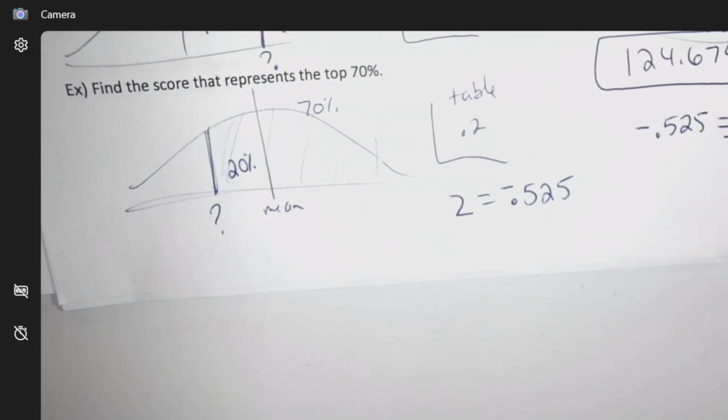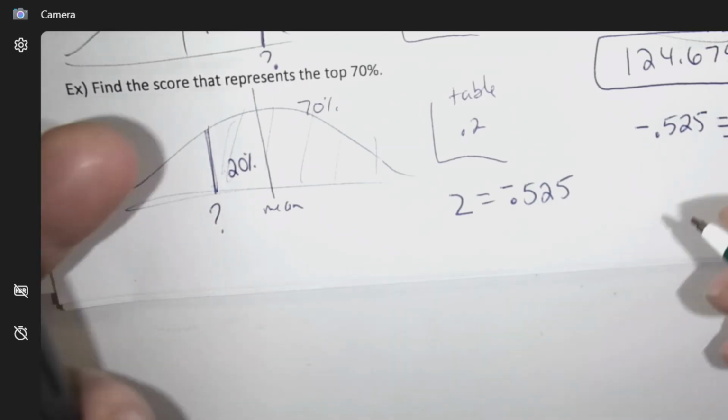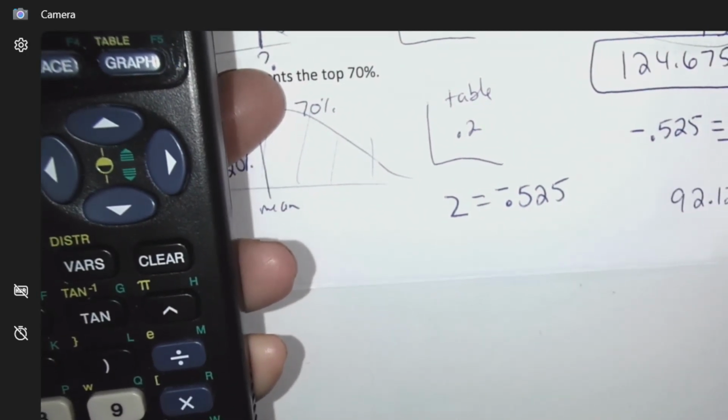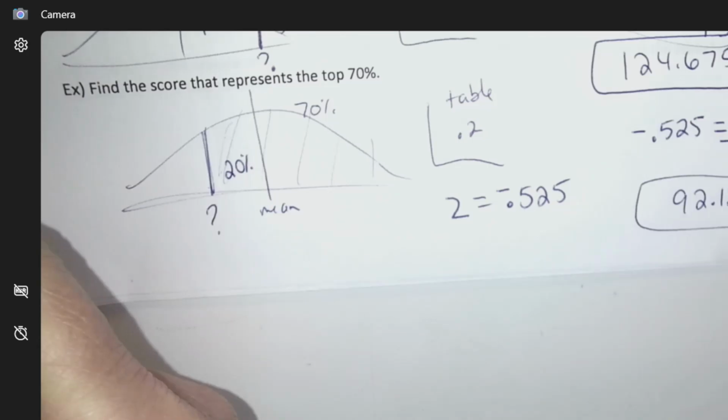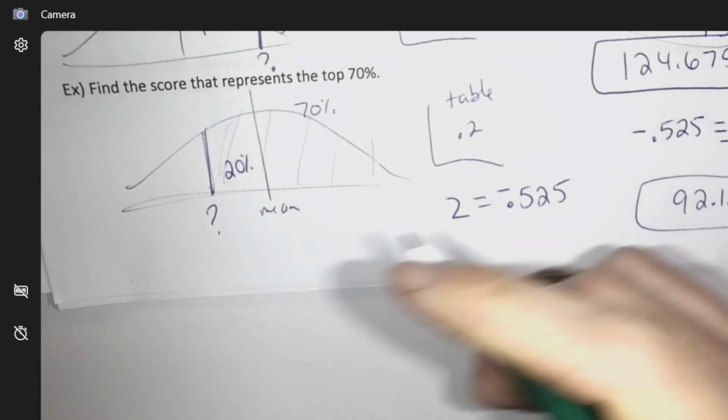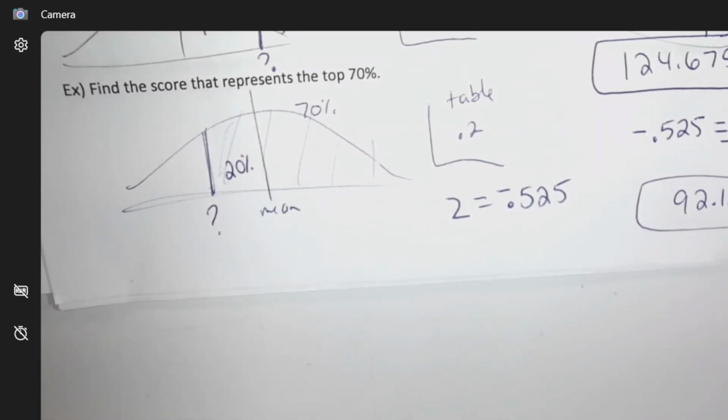So again, I'm going to do a times and then add 100 with my algebra. And if you forgot to do the negative, you should realize your answer is wrong because you would have got something over 100, which means you're above the average, which isn't true.